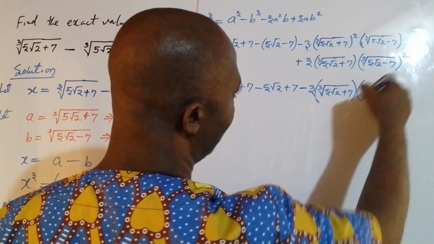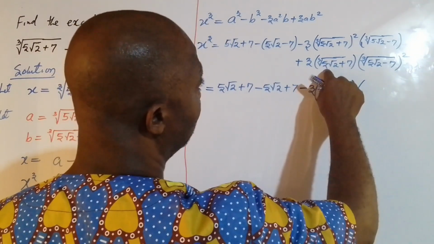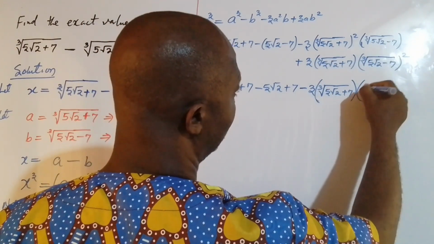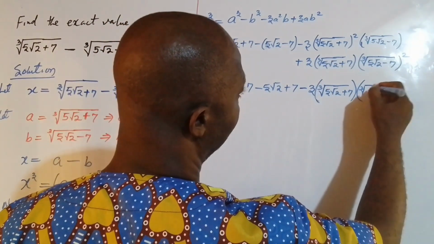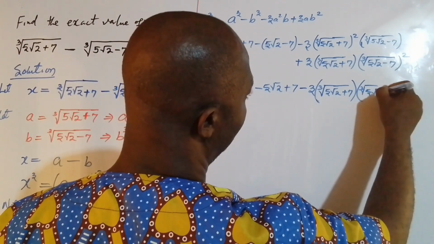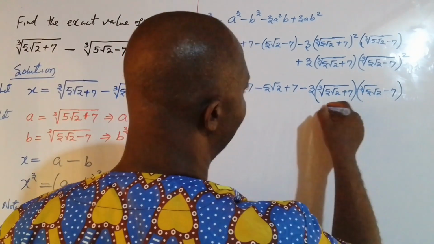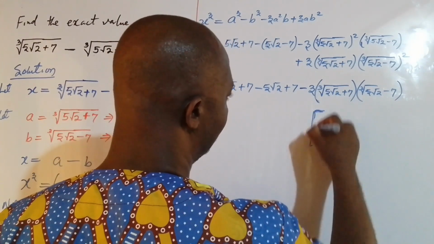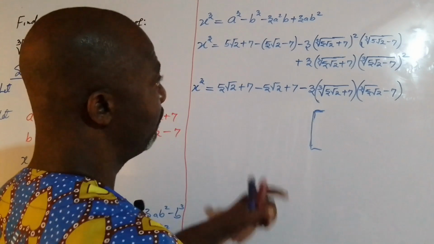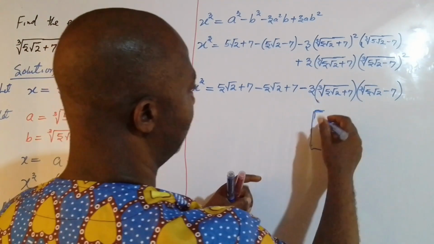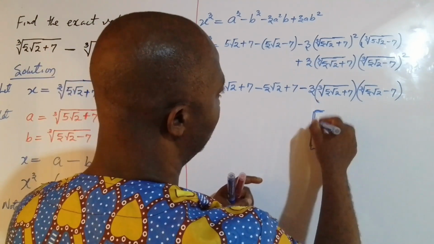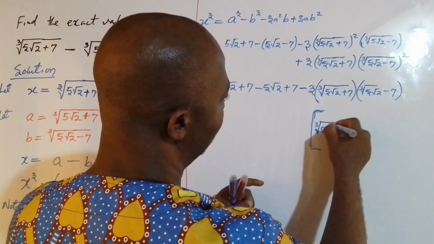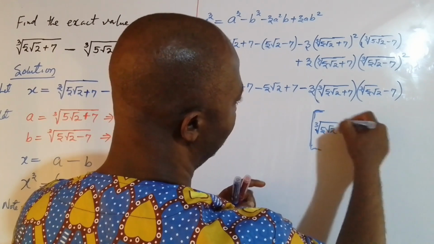Because this is common, I'll just take one out. Then from here, I also take out cube root of 5 root 2 minus 7. Then inside the bracket, since I've taken these out, we are left with 1, cube root of 5 root 2 plus 7.